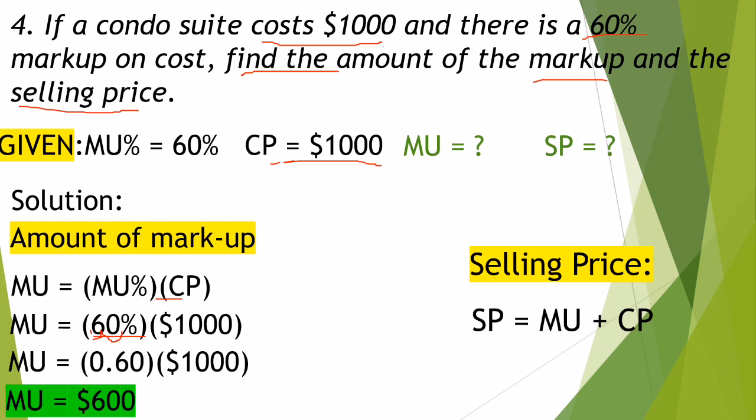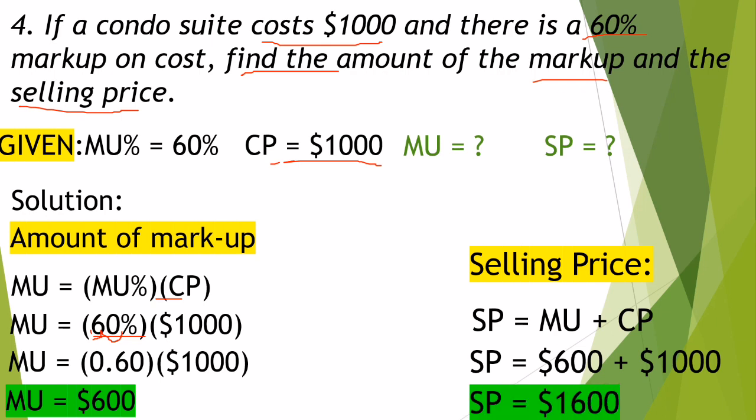So substitute, SP now is equal to 600 plus our CP, which is given, 1,000. And 600 plus 1,000, we have 1,600. So that is our selling price.